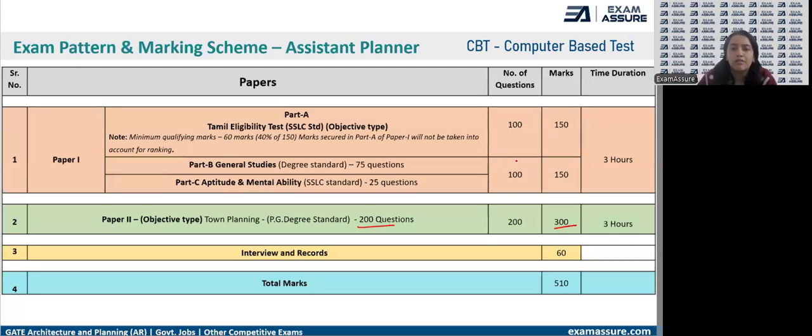Similarly, for your qualification or final calculation of marks, your part B, part C, and paper 2 along with the interview would be calculated. For part A, you need to score a minimum of 60 marks or 40% so that your part B and C would be checked. In case a candidate does not qualify paper 1, they will not be considered for paper 2.